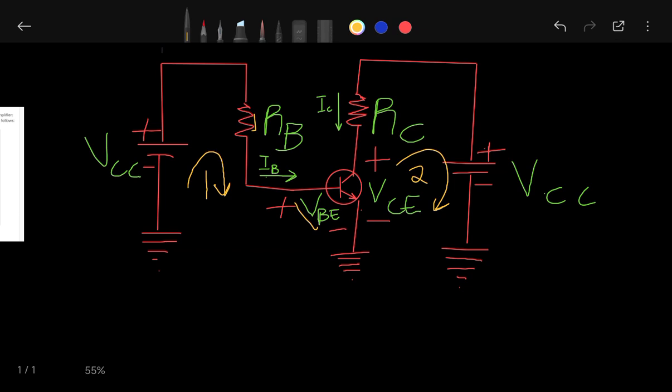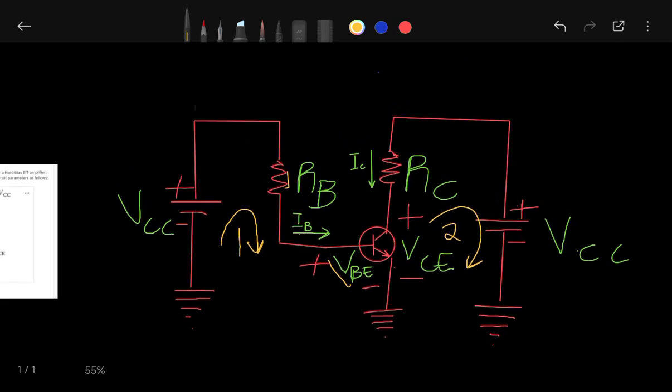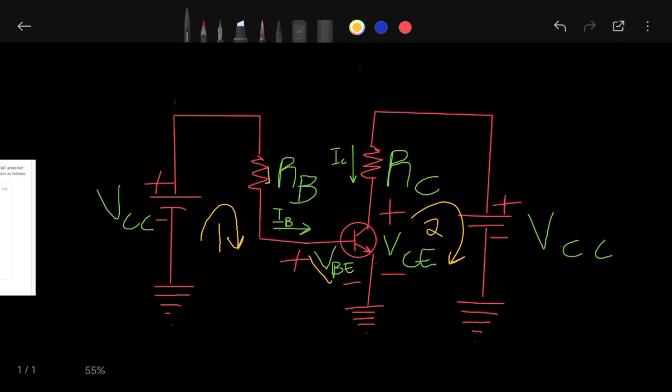After redrawing, you have to assign the polarities on your resistors. As you know, the current flows in this direction, and a resistor resists the flow of current.